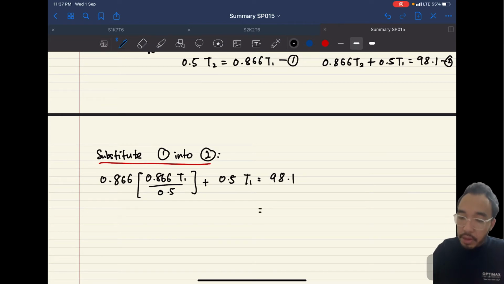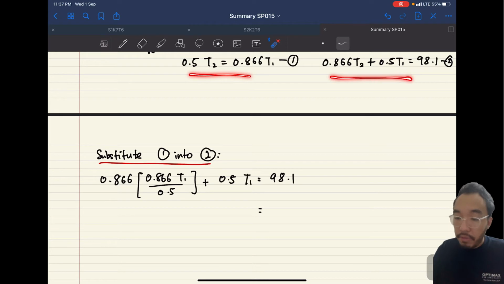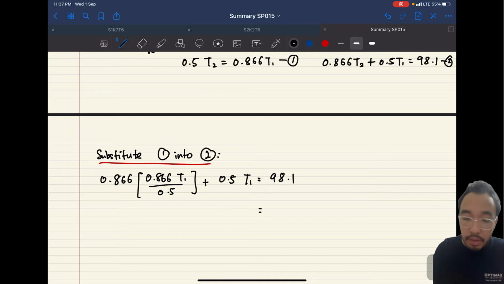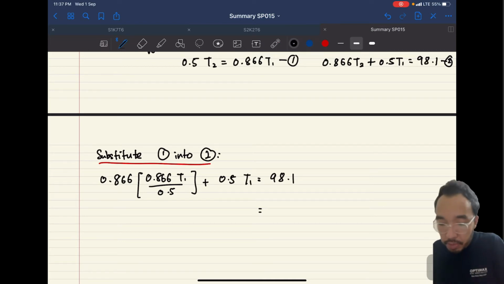So you know that you can solve this equation because basically you have two variables with two equations. Then you know straight away you can solve it. If you have three variables but two equations, then something is wrong and maybe you have to rethink a little bit. Anyway, this one would be 0.866 times 0.866.